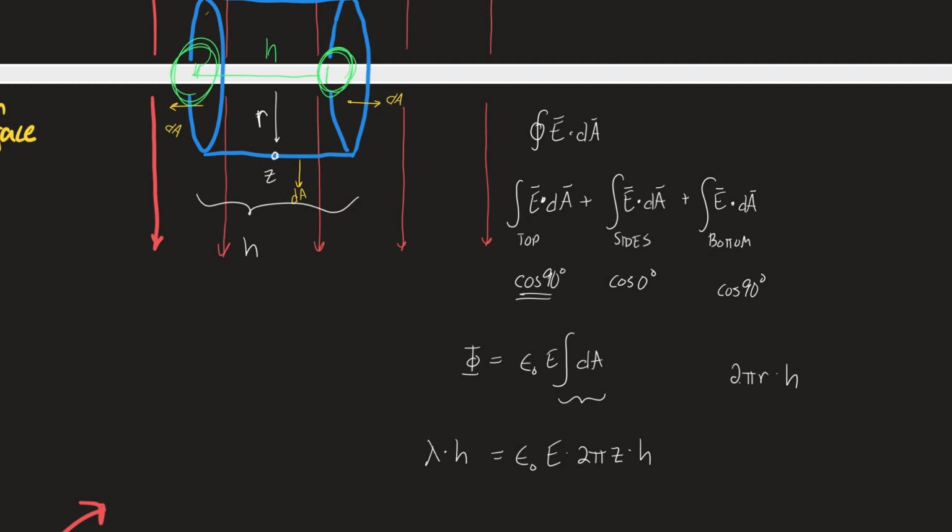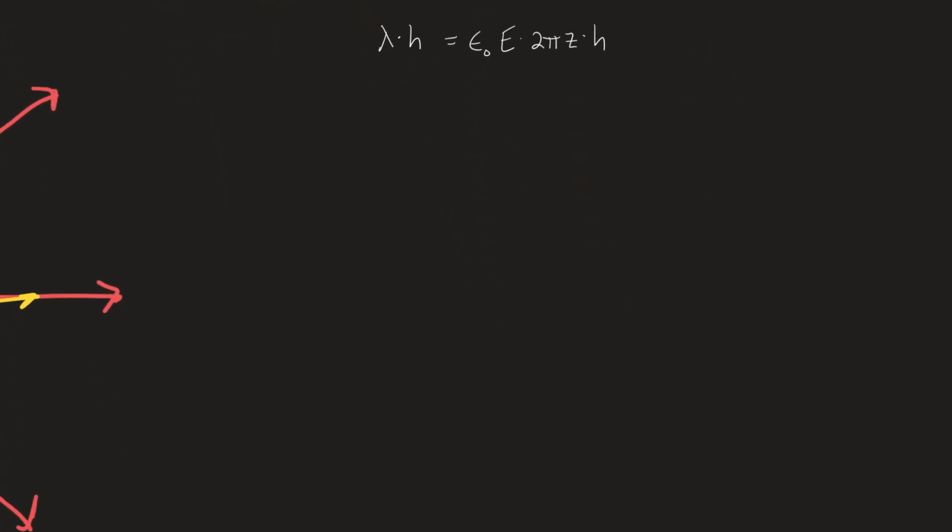Charge per unit length times the amount of charge inside the can. Well, everything there's a constant except for E, right? We can just solve this for E and have the electric field near the outside of our Gaussian surface. So I cancel out the H's, and I'll get lambda over 2 pi epsilon naught times Z.